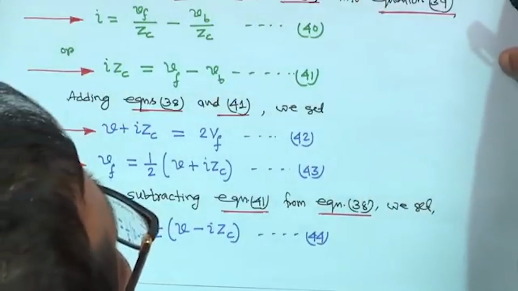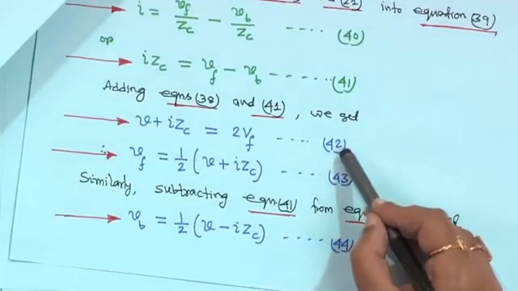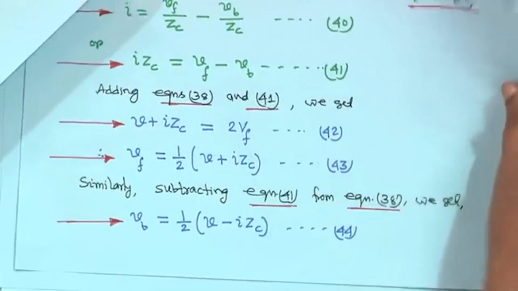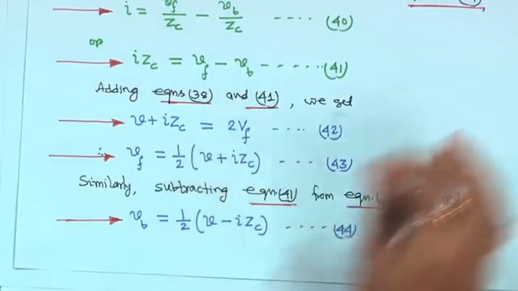Alternatively, from equation 42 you can write V is equal to 2 Vf minus I Zc.